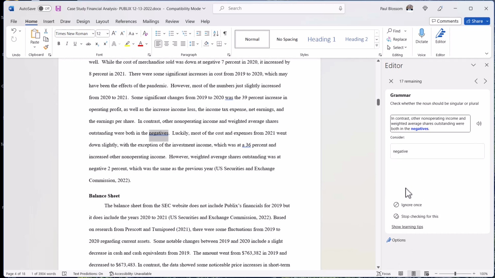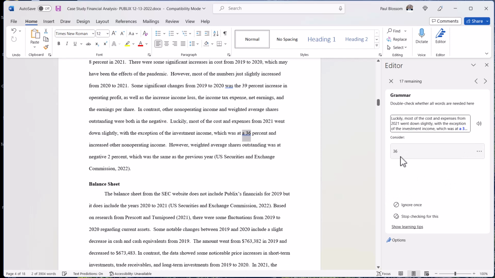This one says negative, which is true. This shouldn't be a plural. Negatives here is not plural, so it should be that. And here it indicated that the, it says which was at a 36% and increased other non-operating income.